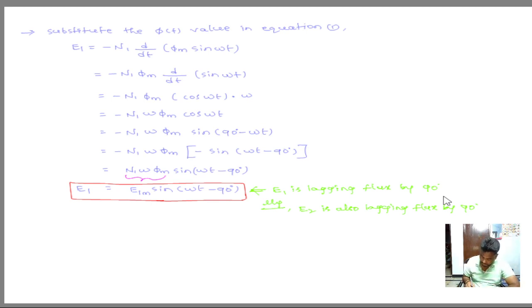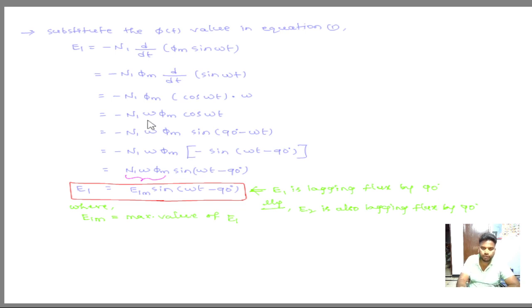And where E1m is equal to the maximum value of self-induced EMF, the maximum value of E1.